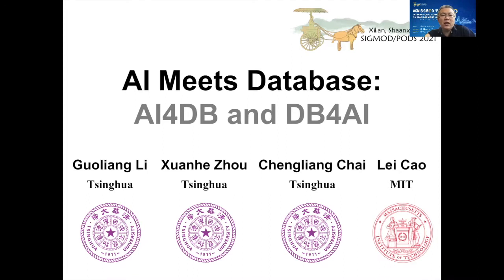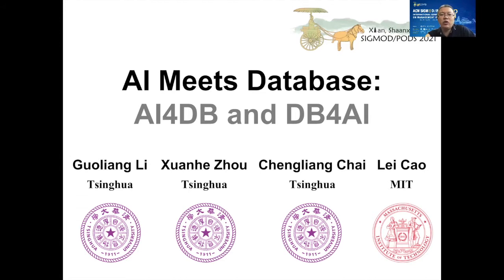So in this tutorial, we will first introduce AI4DB, which wants to utilize AI techniques to optimize database. For example, we use deep learning to estimate the cardinality and cost of a query, which can improve the accuracy for estimating the cardinality for multiple fields or multiple tables.